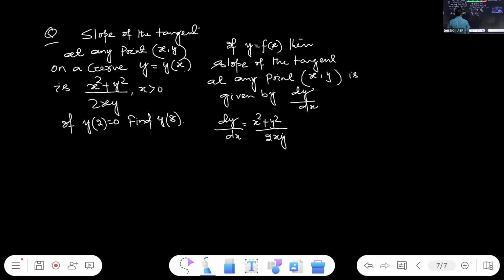Already I have taught this question. You see, both the numerator and denominator are homogeneous functions of degree 2. Now we have to divide both the numerator and denominator of the right hand side by x square. The equation will be dy upon dx equals (x square plus y square upon x square) divided by (2xy upon x square).